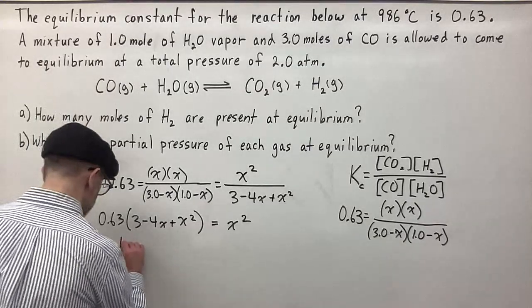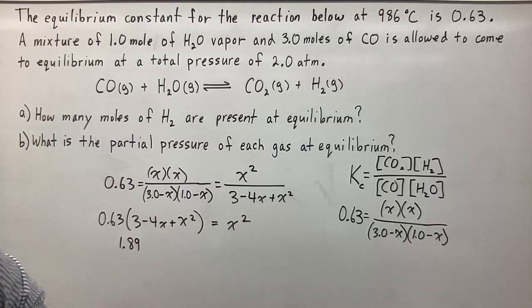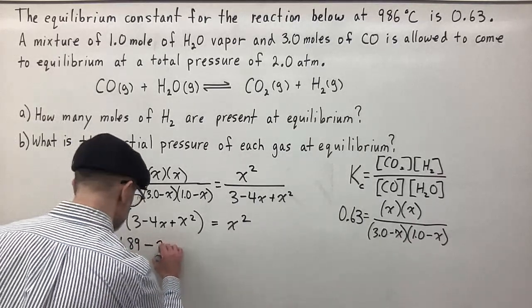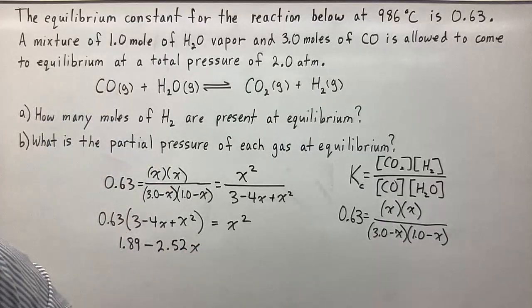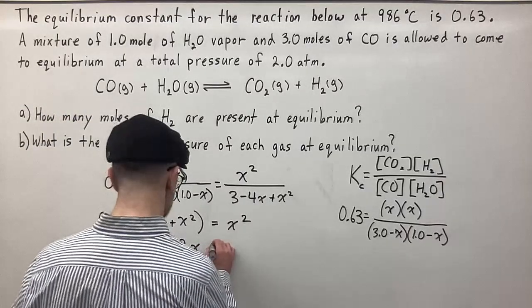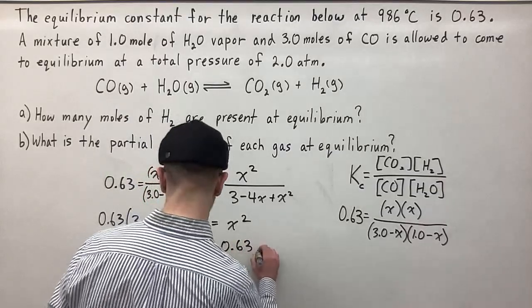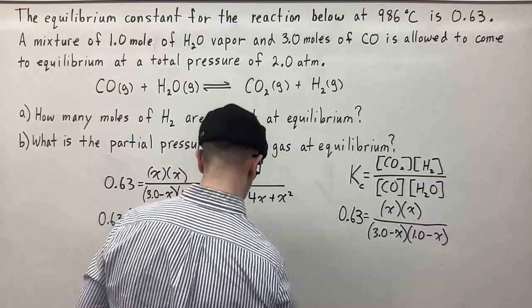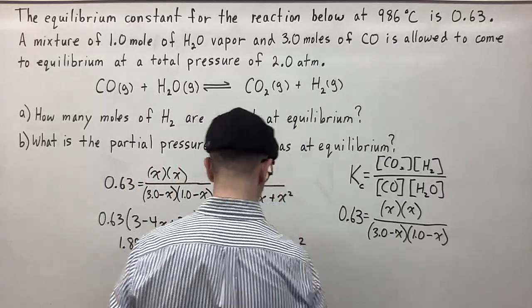1.89 minus 2.52x, and then we get plus 0.63 x squared, and that's equal to x squared.